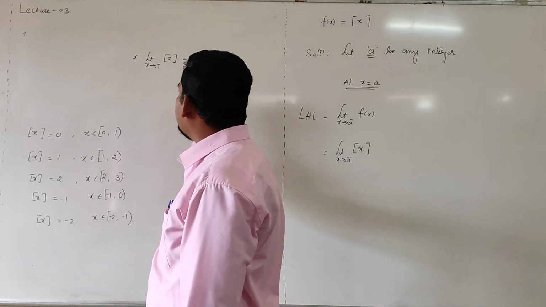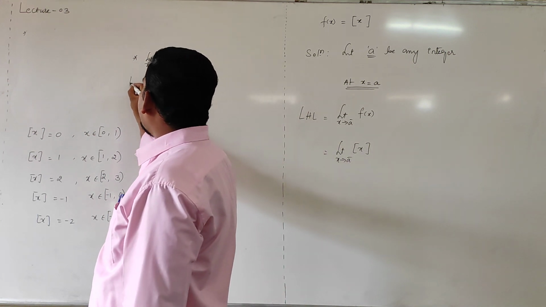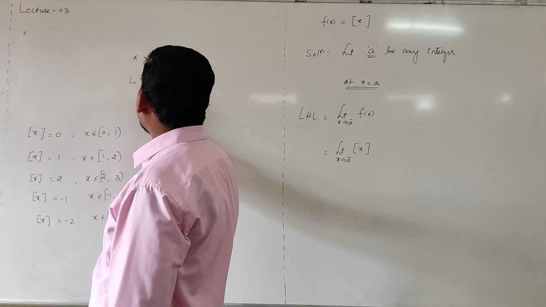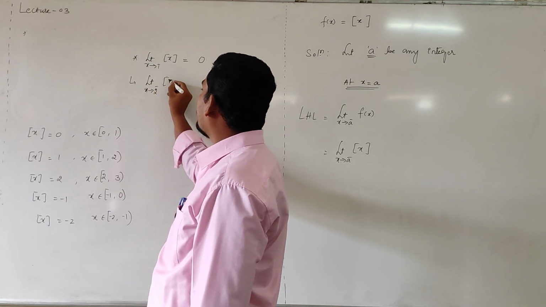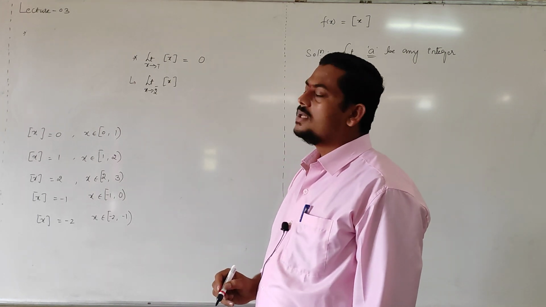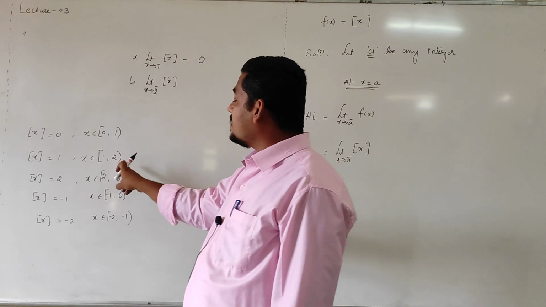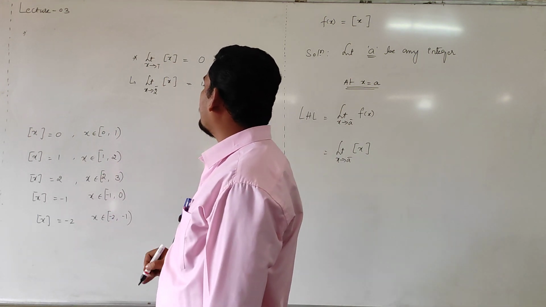Step x is taken as 0 only, so its value is 0. Then limit x tending to 2 minus of step x: 2 minus means less than 2. When x is less than 2, step x is 1 only.